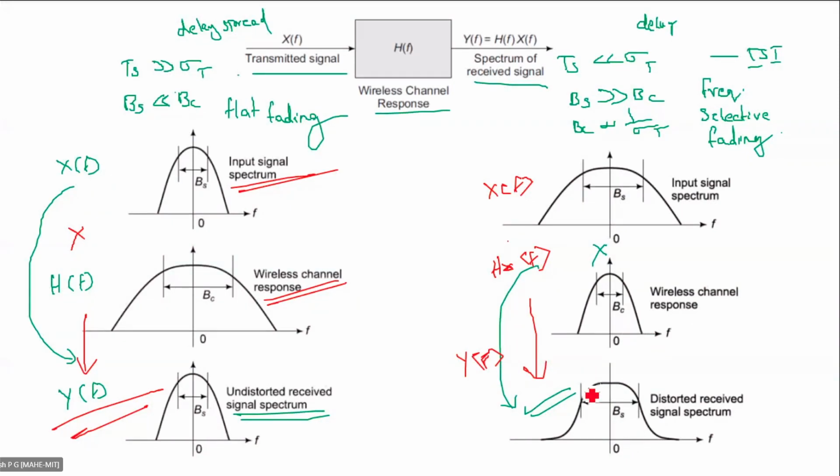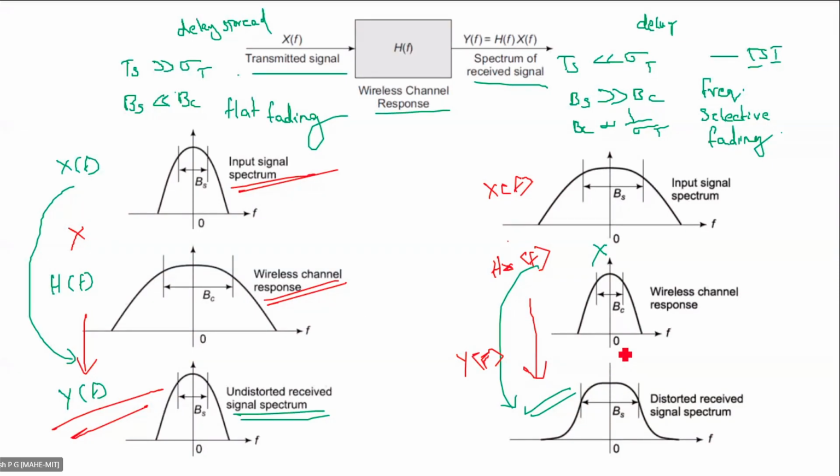If you compare x of f and y of f, they are not the same. It means there is significant distortion in the transmitted signal.